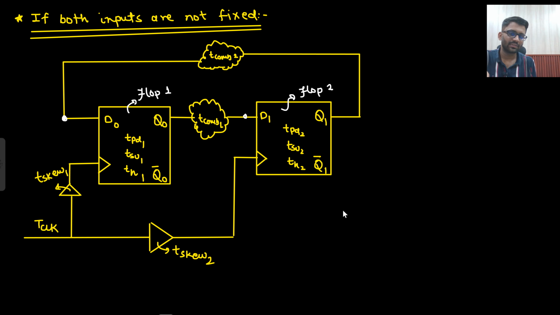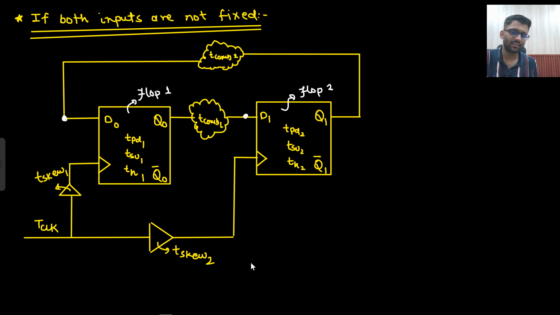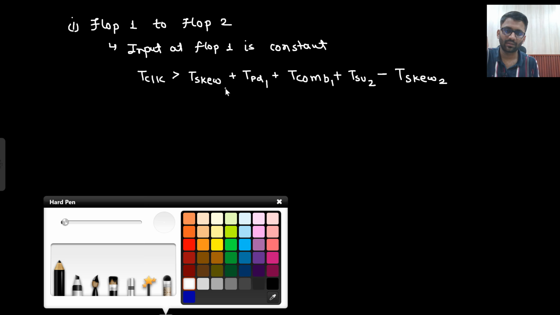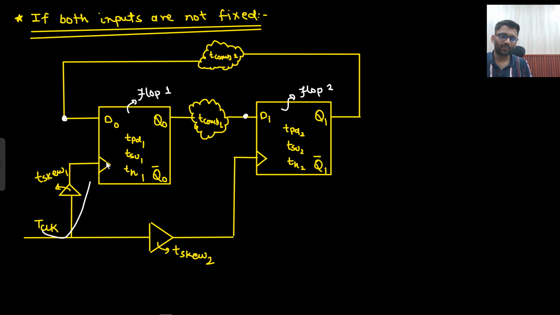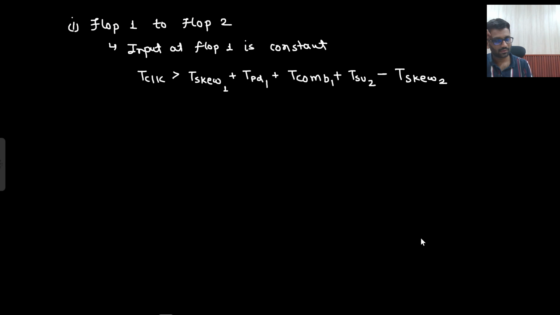Then your input would become stable here, but it needs a margin of TSU2 minus the clock skew which is fed to this flop, minus T skew 2. This is your 1, should be clearly written. I went from here to here till here, then it was stable here. I need this margin minus this. Say yes or no. So this is my T clock.